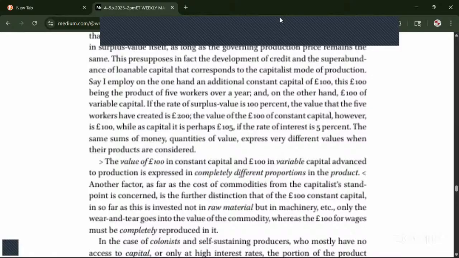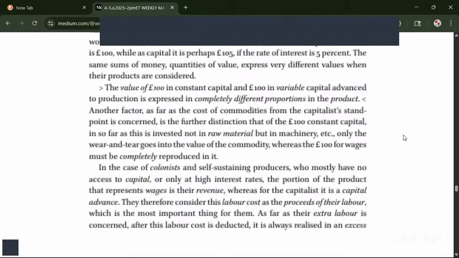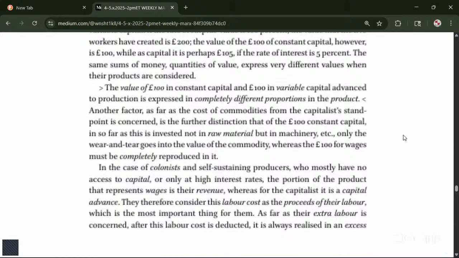In the case of colonists and self-sustaining producers, who mostly have no access to capital or only at high interest rates, the portion of the product that represents wages is their revenue, whereas for the capitalist, it is a capital advance. They therefore consider this labor cost as the proceeds of their labor, which is the most important thing for them.